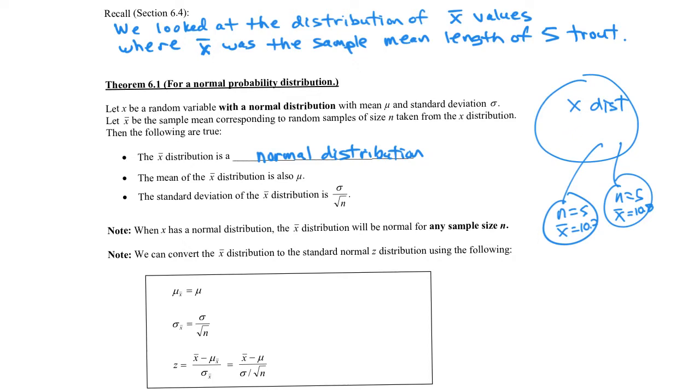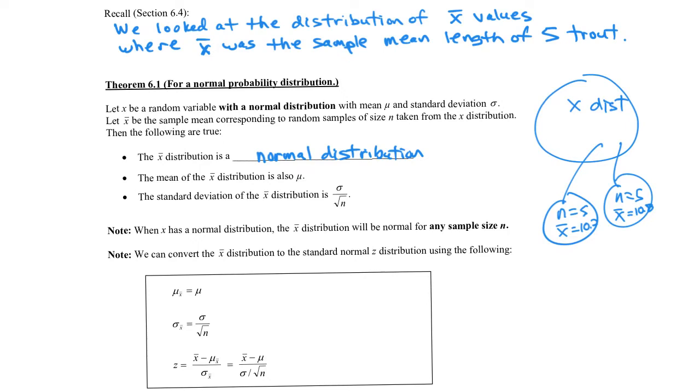Now, if you remember what we talked about in 6.4, we said the standard deviation of the x bar distribution will be smaller. Because remember, occasionally a kid would catch a 14-inch trout, but it would be extremely unusual to find a mean of 14 inches, because that means that kid got really lucky and caught 5 of the largest trout in the pond.